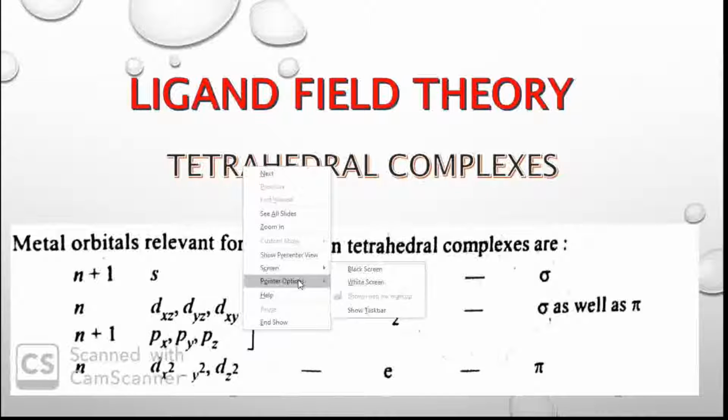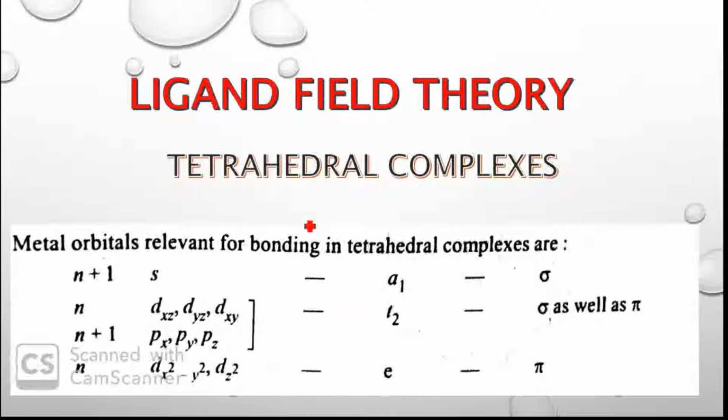I can elaborate on this point. Whenever you have tetrahedral complexes, you will have either sp3 hybridization or sd3 hybridization. Like the three p orbitals, when they overlap with the s, they form sp3 hybridization to give the tetrahedral geometry. The same thing would be done by the d orbitals also.